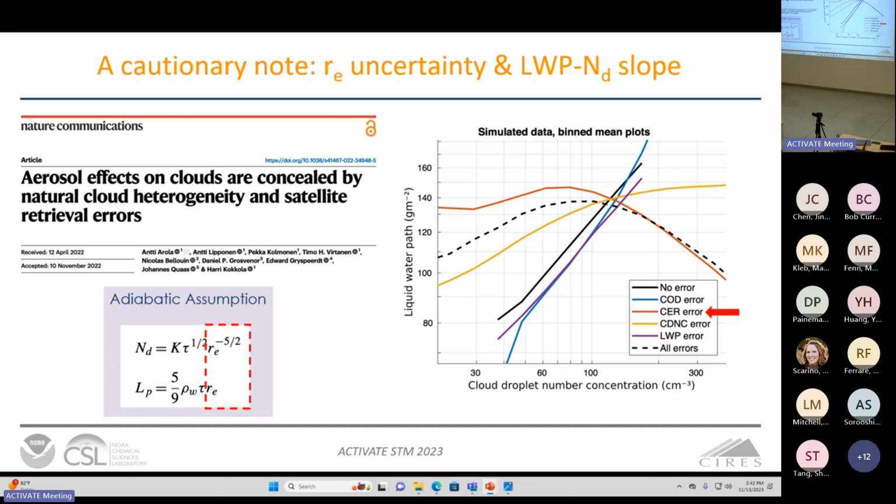Just by adding effective radius error, you get this line. So this is your inverted V without any physical signal, just by errors. This is a possibility that we can look into in the future with ACTIVATE data, because we have this co-location of two aircraft and a satellite above.